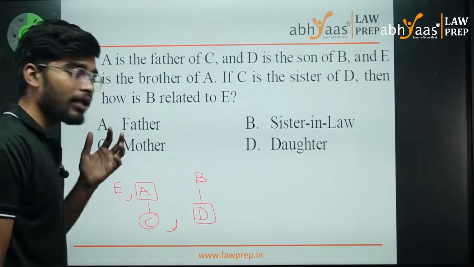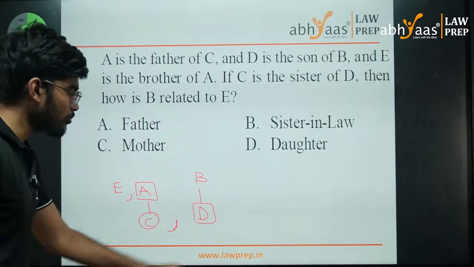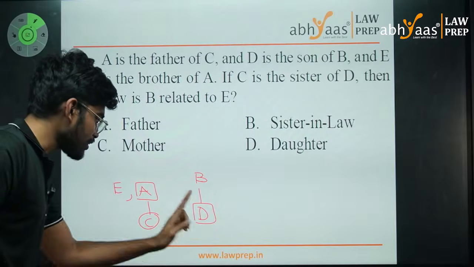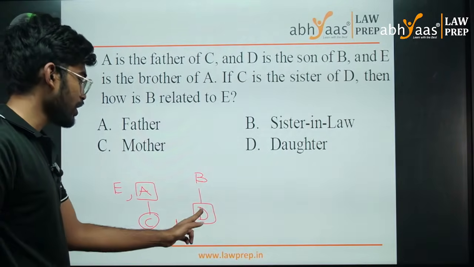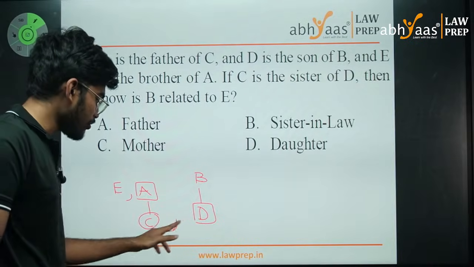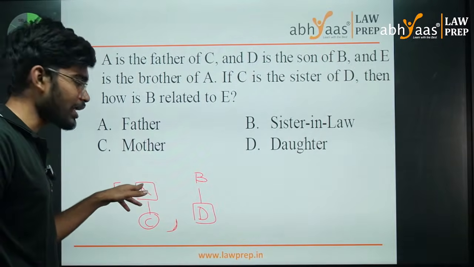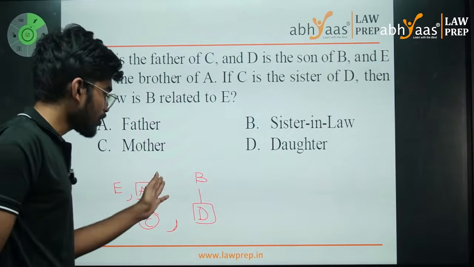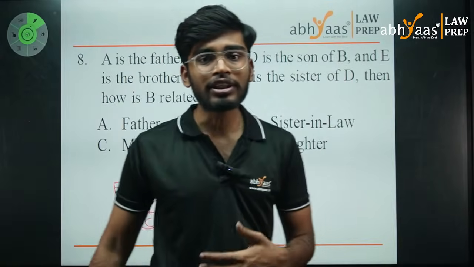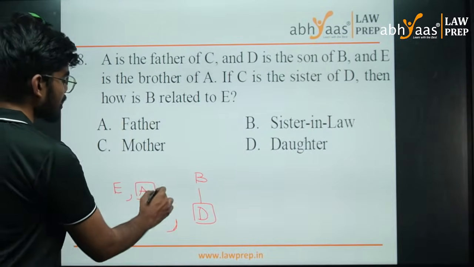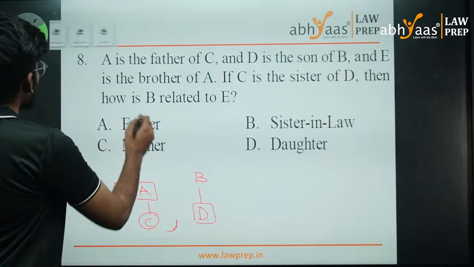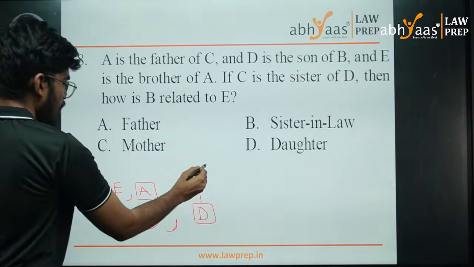Now we can determine the gender of B. Why? C is the sister of D and B is the parent of D. For these two siblings, the father is A, that means his wife or his partner will obviously be female, right? So just club this, for your better understanding. B and D.